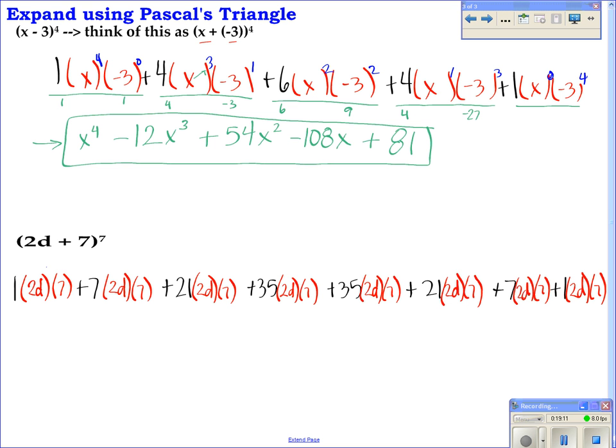So on 2D, we'll start with the highest and work all the way down. And then on the 7s, we would start at 0 and go up. And then we'd simplify.